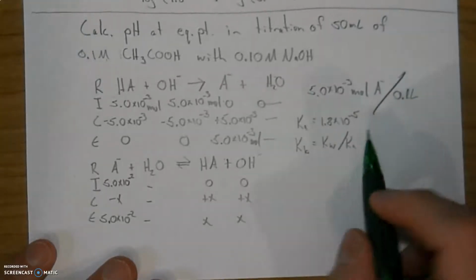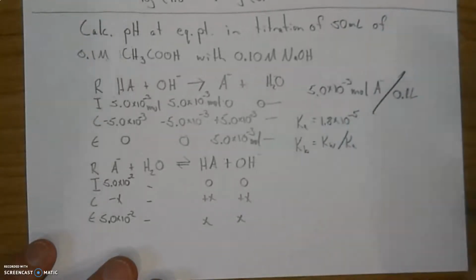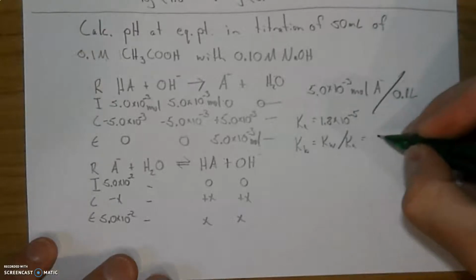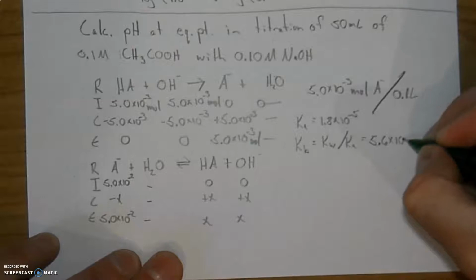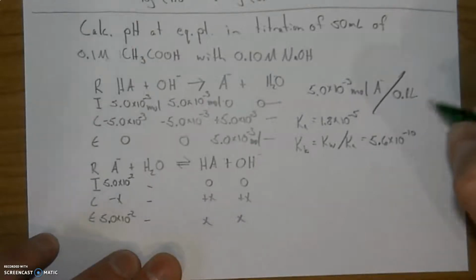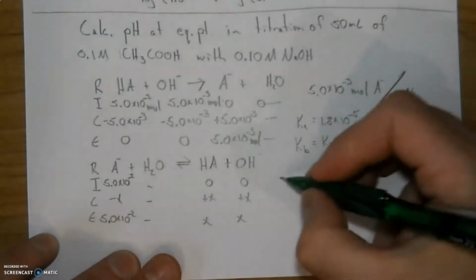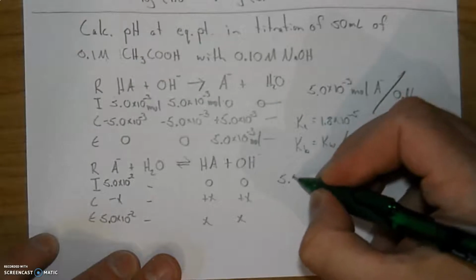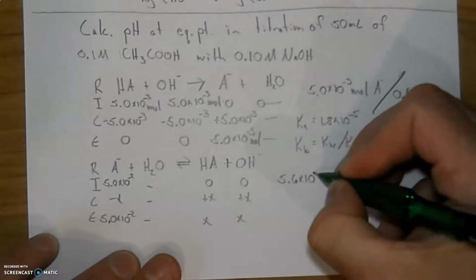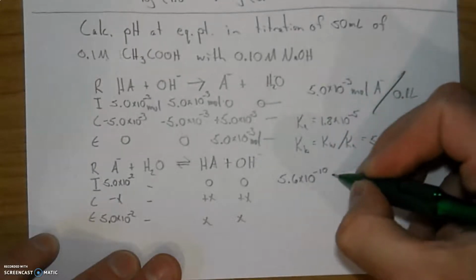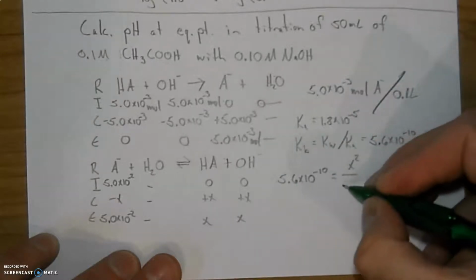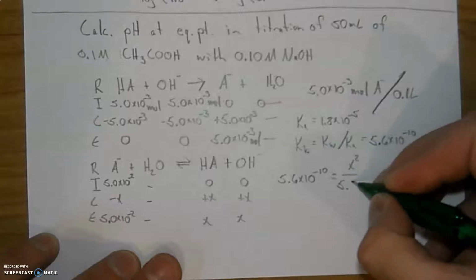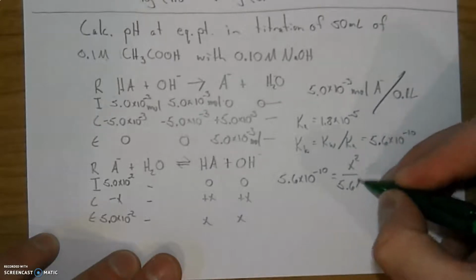So if I divide 1 times 10 to the negative 14 by this value, that's going to be equal to 5.6 times 10 to the negative 10. And I can just go ahead and do this problem now. 5.6 times 10 to the negative 10 is equal to x squared over... 5.6. No, not 5.6.